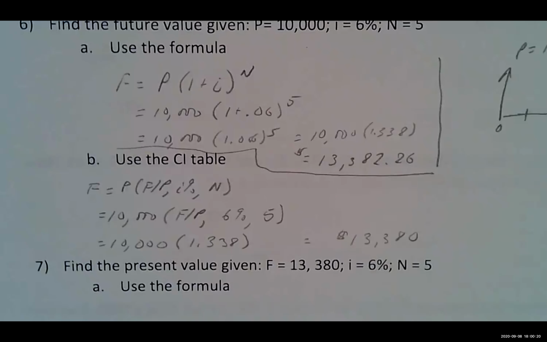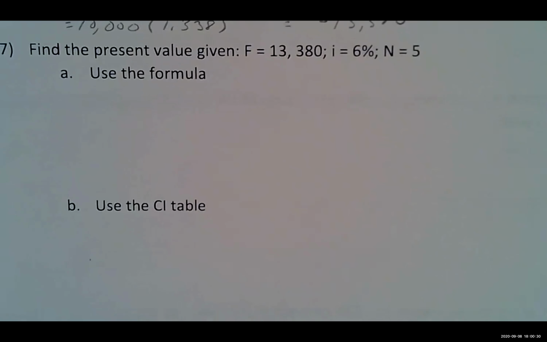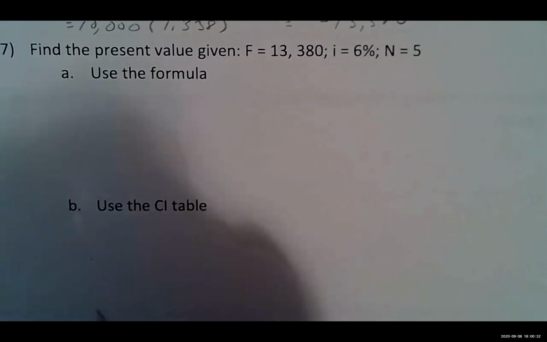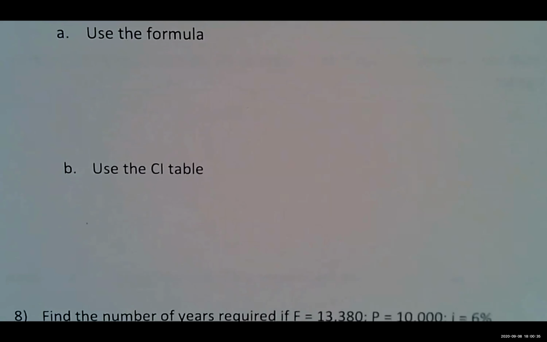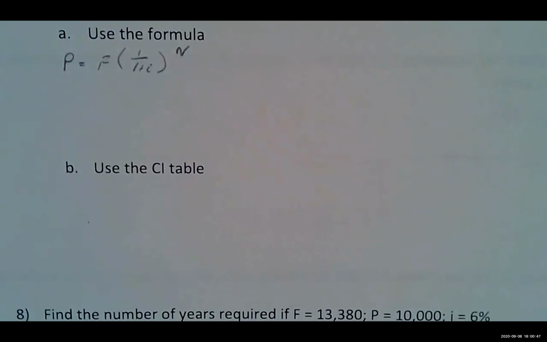The present value, if I'm given the future value of 13,380, my interest is 6%, and my N equals 5, what's the present value? Well, we already know what it is, right? We're just doing the same problem as problem 6, but we're doing it backwards. The present value is equal to the future value times 1 over 1 plus I to the n. Why? Because it's the inverse of the previous formula.